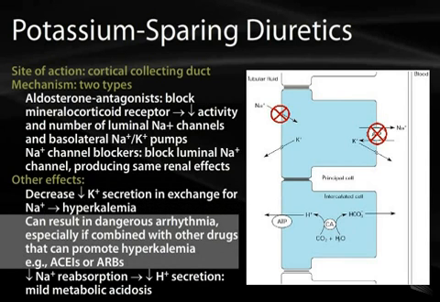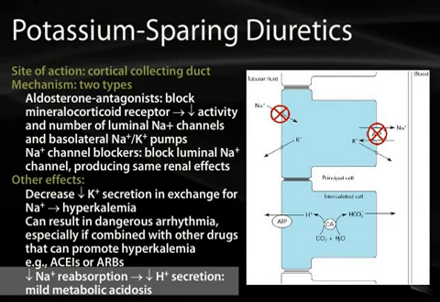The major clinical manifestation, as mentioned, that we can see with potassium-sparing diuretics is true and in some cases life-threatening hyperkalemia, especially in the setting of other drugs that may inhibit urinary potassium excretion, such as ACE inhibitors or angiotensin receptor blockers.